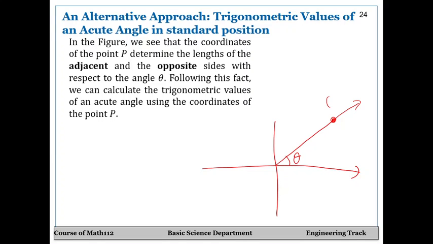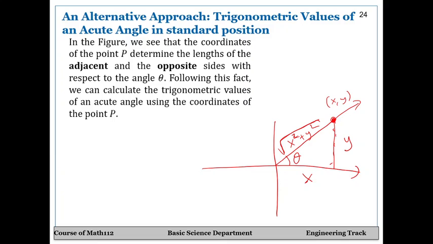Then I will take a point from the terminal side of this. Let's say this is x and y. Now I form the triangle by using this x and y. This is x and this is y. And then by the Pythagorean theorem, the hypotenuse is the square root of x squared plus y squared.